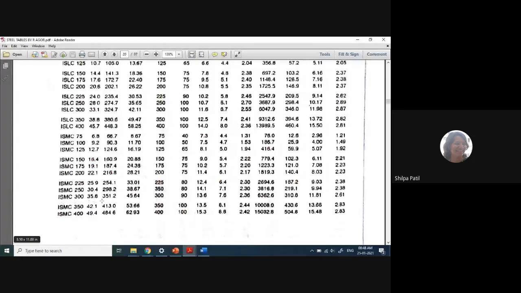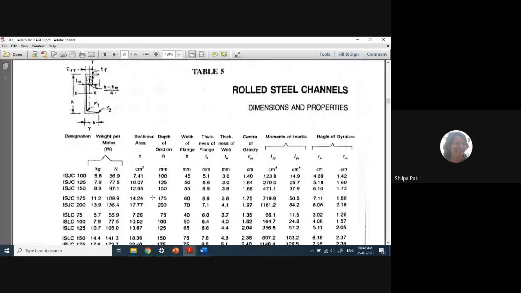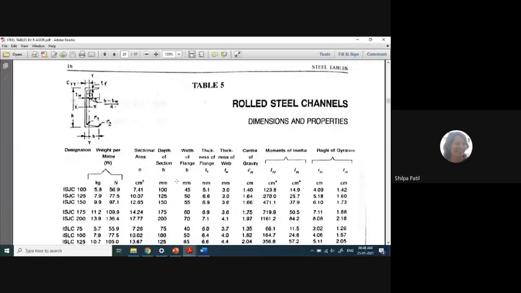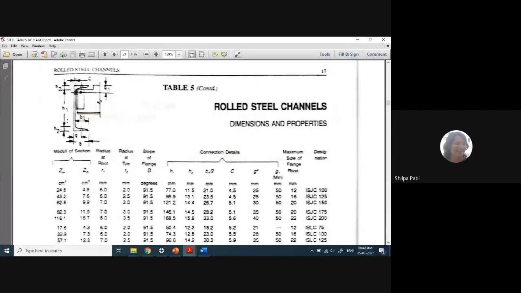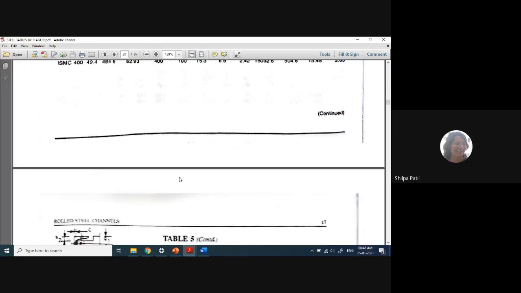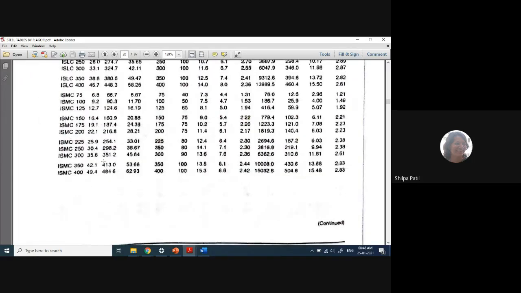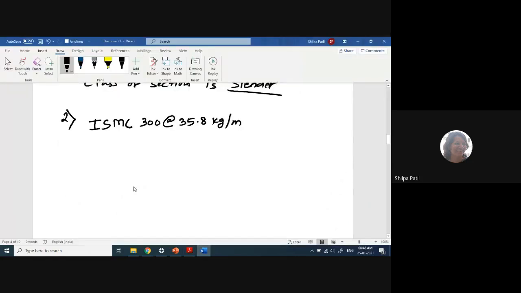Okay, so for this section, we will now require all the same properties: BF, TF, D and TW. D means again here we will consider H1. H1 is given on the next page here. You can find it in the diagram also. So tell me these values now for ISMC 300. I will go to the word file now.